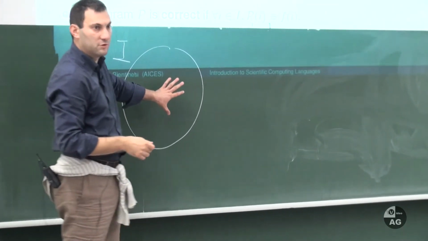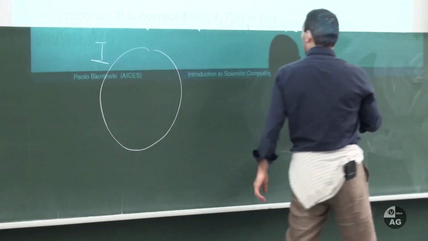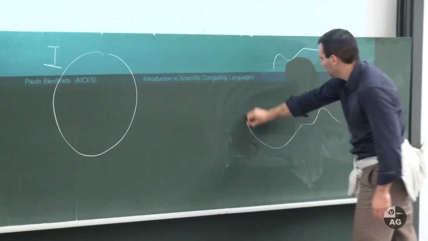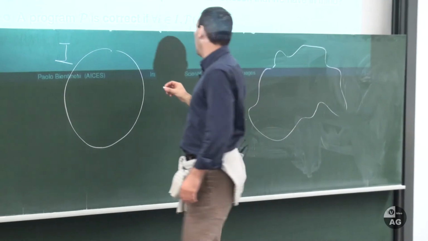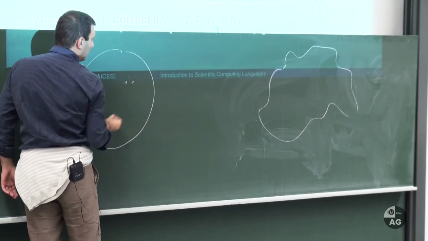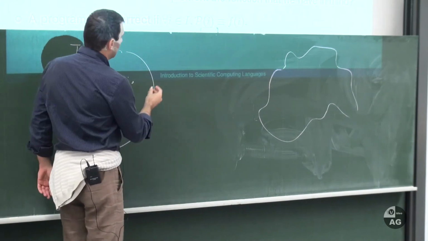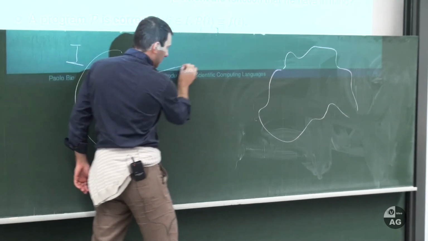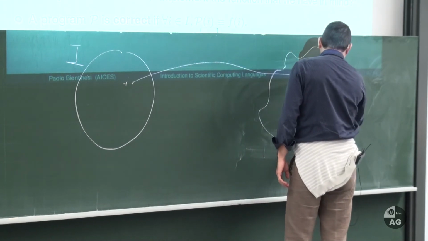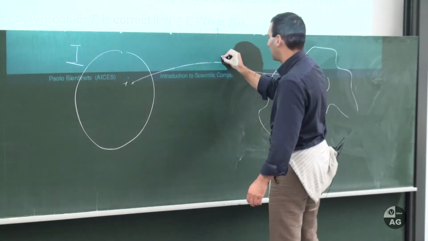This is where the input data is. And, well, we don't know what the output is, but it's going to be somewhere around here. And I know that if I start from an input data here, the function that I have in mind goes right here. This is the function, okay?